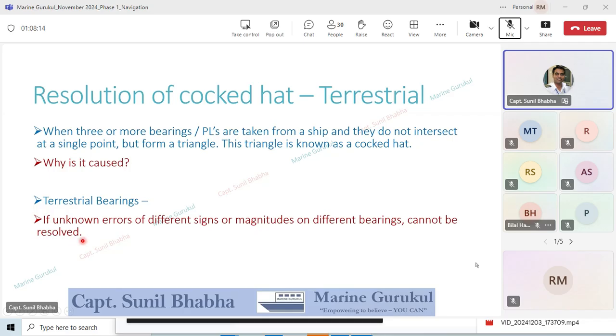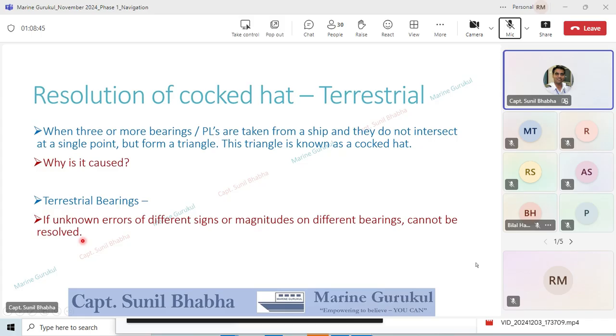That means if the error present in the position line is not a similar error in all the three observations, or in other words, one of the observations is having an error, the other two are accurate, or two observations are having an error, but the third one is accurate. In this case, the error is not same on all the three bearings. If the error is not same, the cogged hat cannot be resolved.